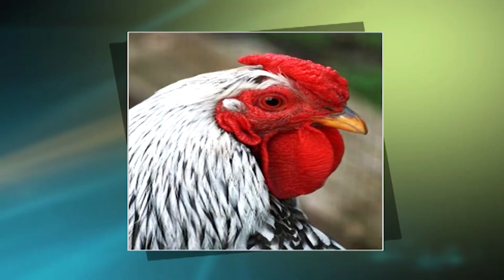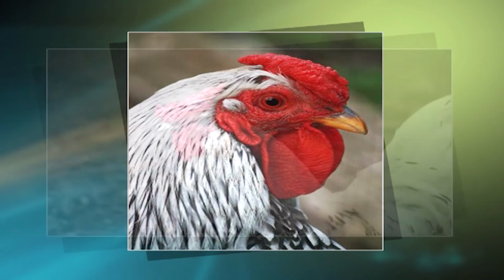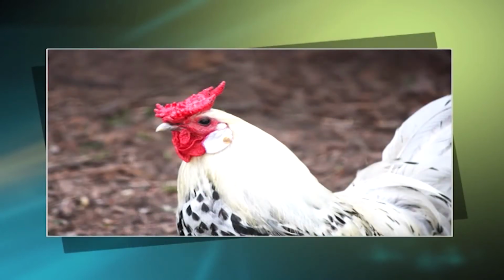Rose comb is a classical monogenic trait of chickens and varies in different breeds. The rose comb is a fleshy, tube-shaped, solid comb that extends from the beak to the back of the head with a pointed spike. The top surface is slightly convex with small rounded protuberances.